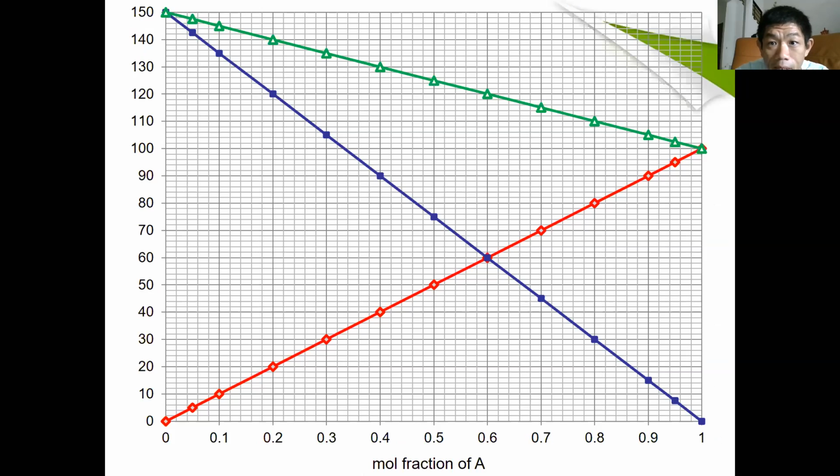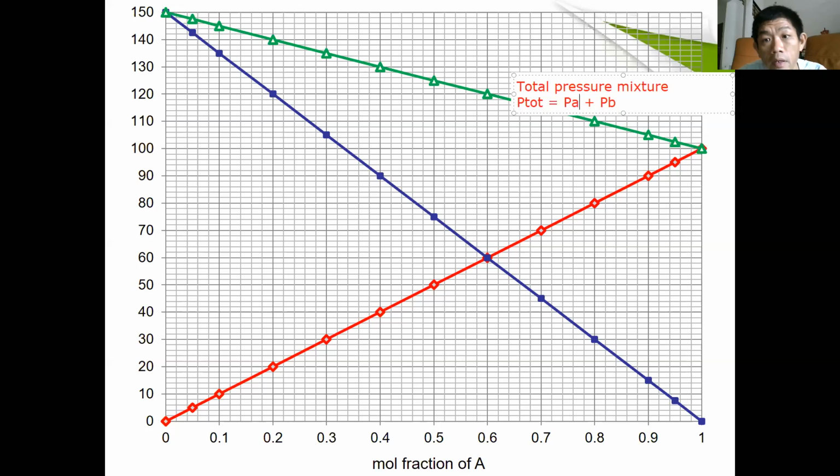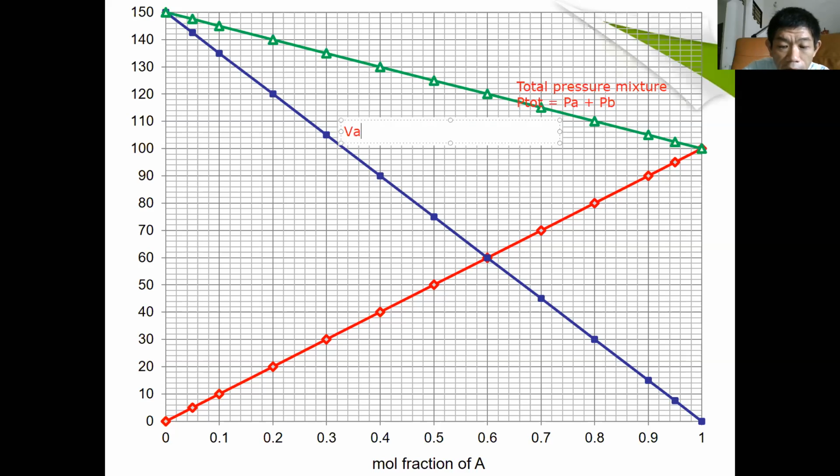Number one, this is the total pressure of the mixture, where you have P total equals PA plus PB. Okay, where the blue line in here indicates the vapor pressure of A, vapor pressure of B.